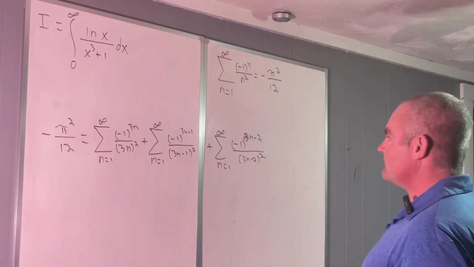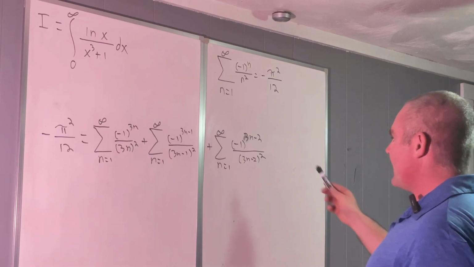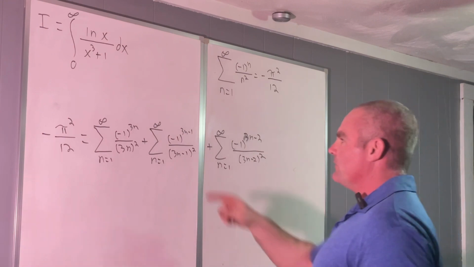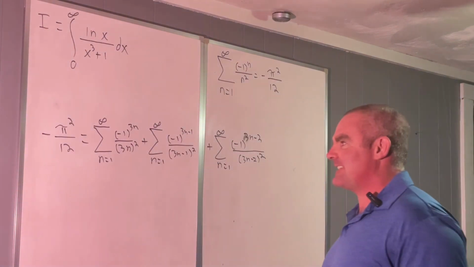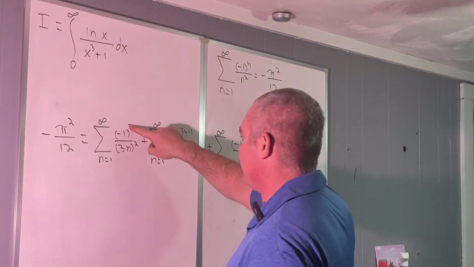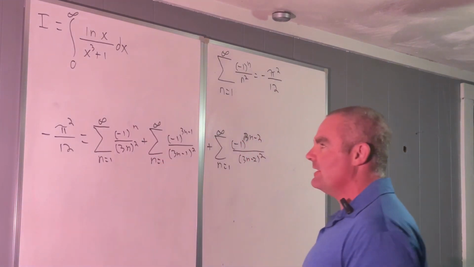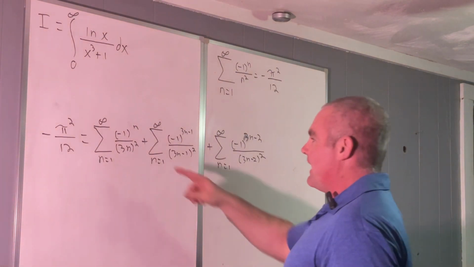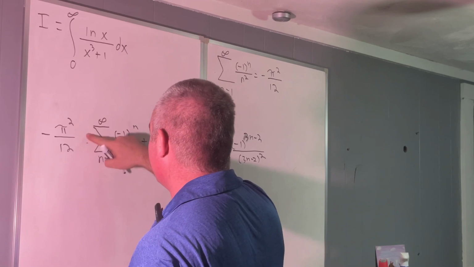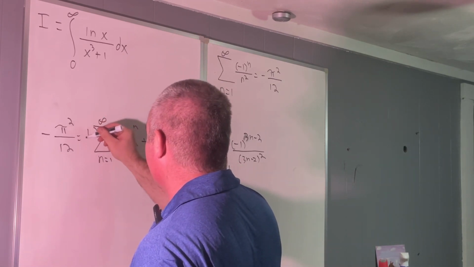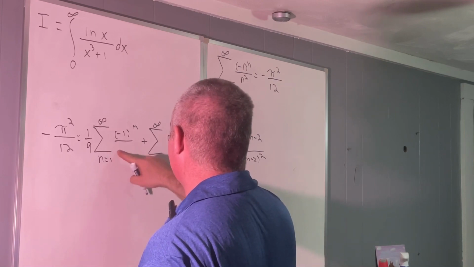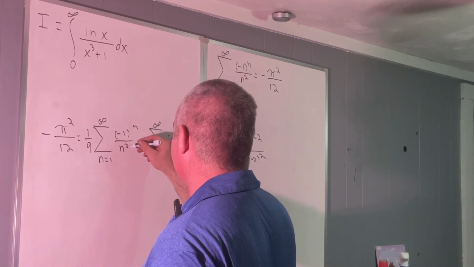Okay. And so now let's start manipulating these sums individually. Well, negative 1 to the 3n is the same as negative 1 cubed to the n. So that's just negative 1 to the n, because negative 1 cubed is negative 1. And then we can also factor out a 1 over 9, giving us just n squared.